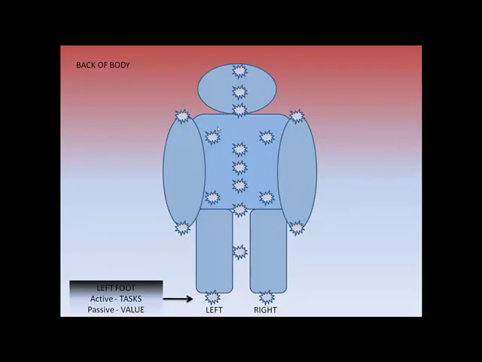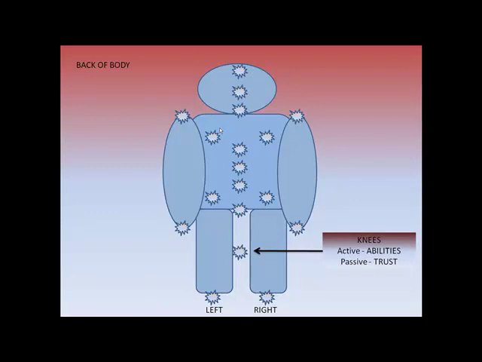On the left foot, active is doing tasks, and passive is making sure those tasks are of value. In the knees, the active is the using of abilities that we have, and the passive is trusting that we are doing what we are supposed to be doing.